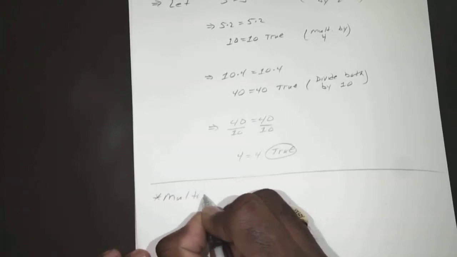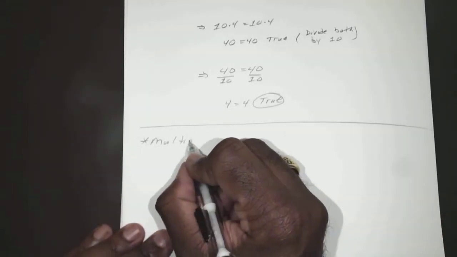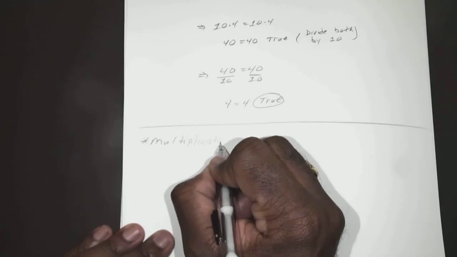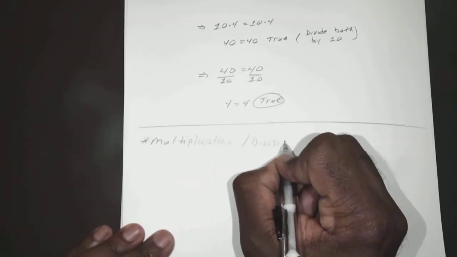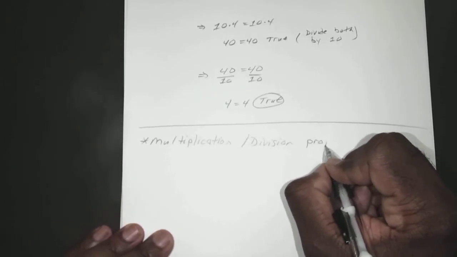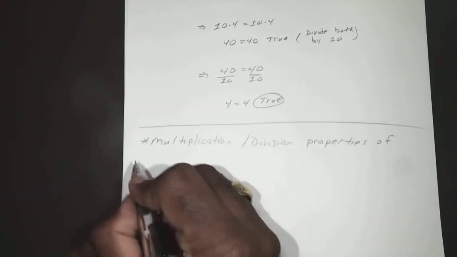Okay, so if we have our multiplication and division property, let's bring that up a little bit. Properties of equality.